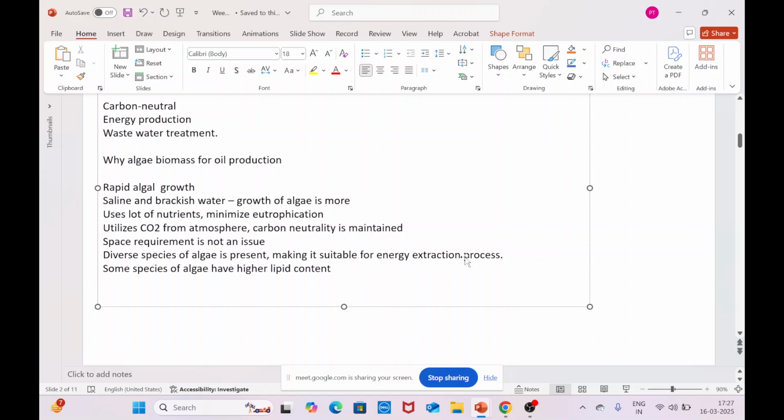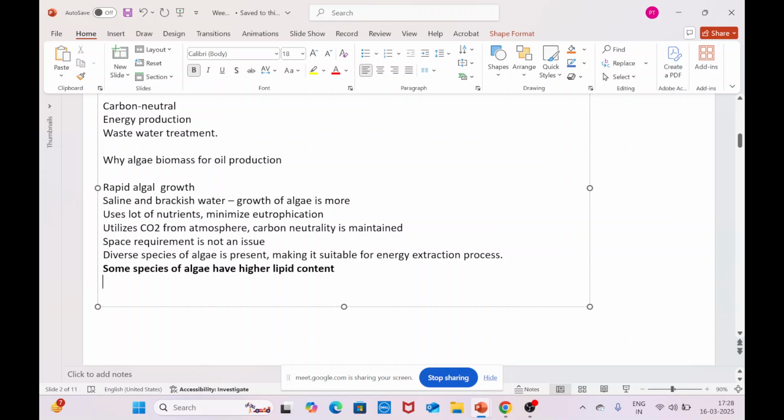The bio oil that comes needs to be upgraded to biodiesel. So the higher the lipid content in the algae, the higher the upgradation of the bio oil to biodiesel, which can be utilized for practical applications or in any kind of appliances. That is why this statement is important: some species of algae have higher lipid content, so the energy production or the upgradation to biodiesel is more.